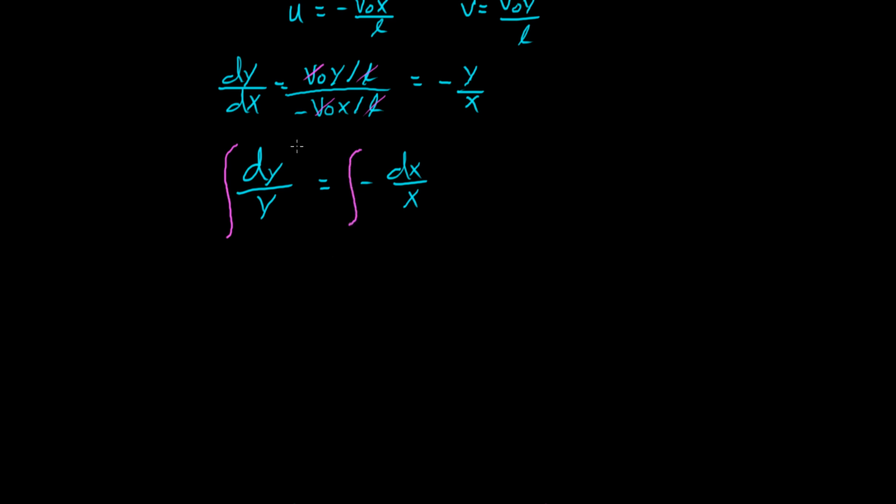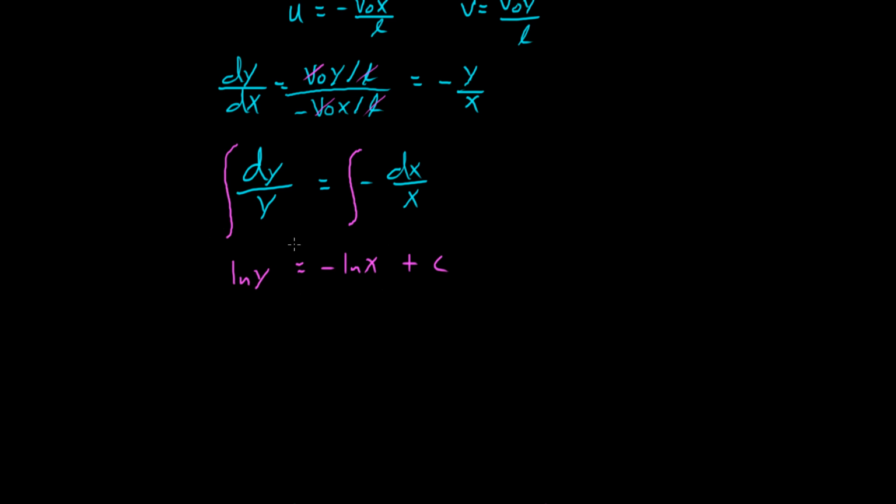And so the integral of 1 over y, well, that's the natural log of y, ln of y. Integral of 1 over x, that's the natural log of x. But remember, we didn't put limits on this, and so we have some constant of integration, c.